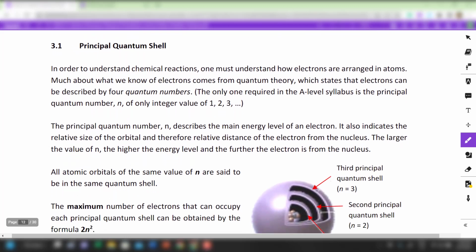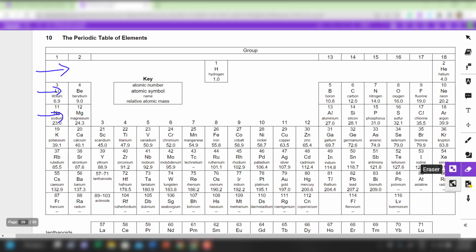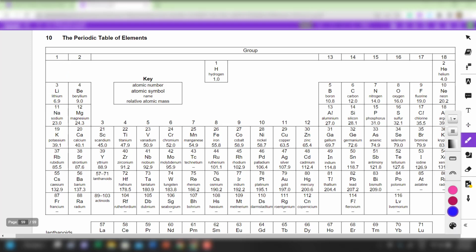Principal quantum shell. This is something you're very familiar with from secondary school. Basically, you can tell the principal quantum number by simply looking at the periods. For example, in period 1, the maximum principal quantum number will be 1. That will be the first and only shell, and that will be the valence shell as well. For period 2, there is a maximum principal quantum number of 2, so you have principal quantum numbers 1 and 2.